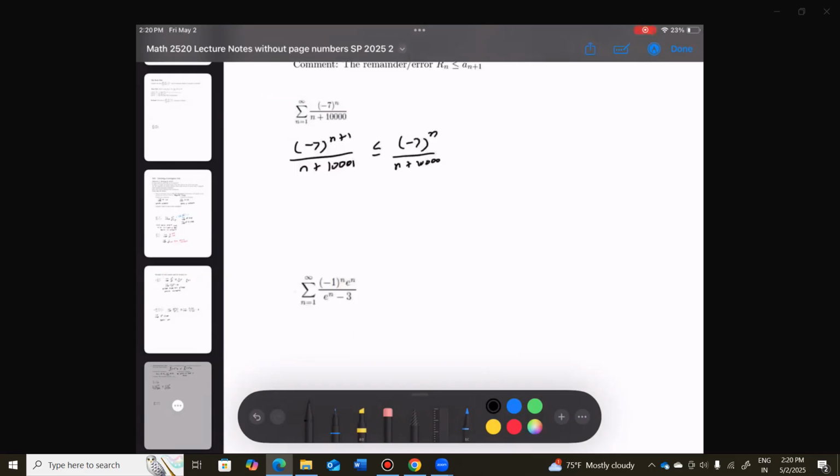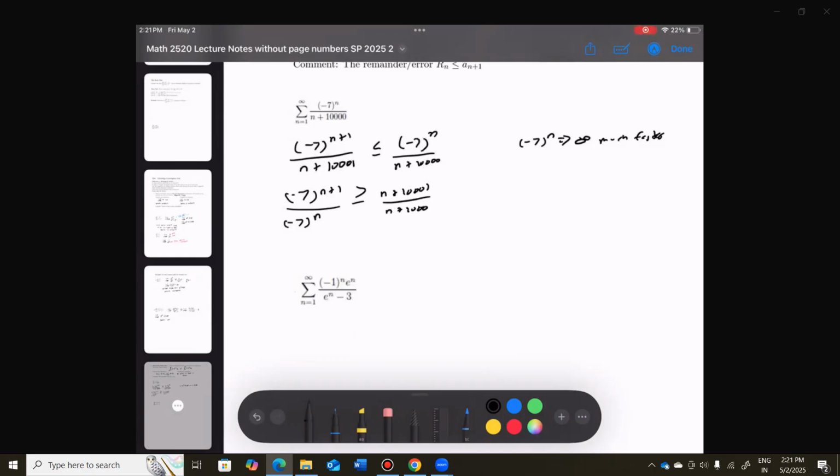Okay. So negative 7 to the n goes to infinity much faster than n plus 1,000. What we can do is look at this as negative 7 to the n plus 1 greater than or equal to negative 7 to the n, with n plus 1001 over n plus 1000 at the bottom.